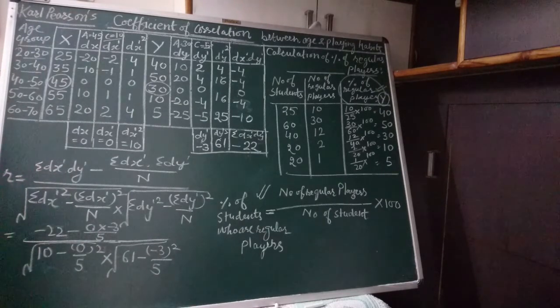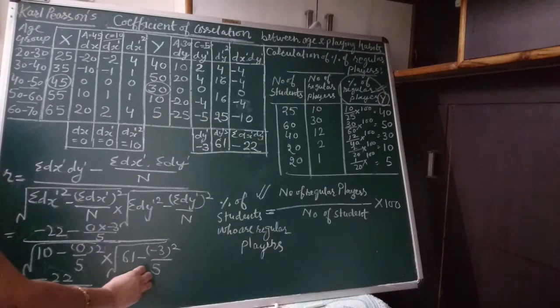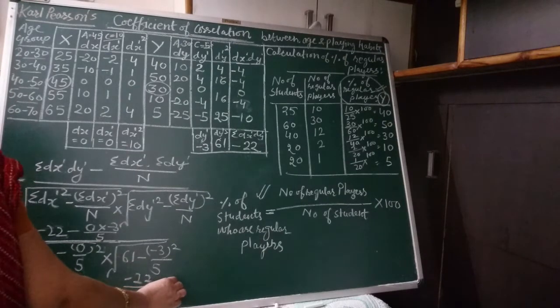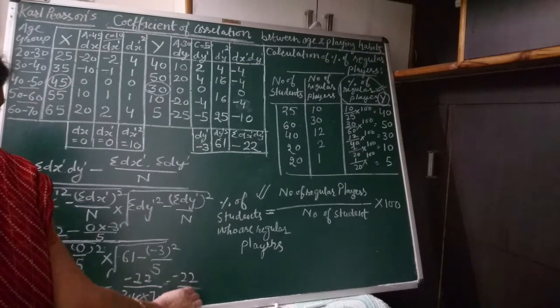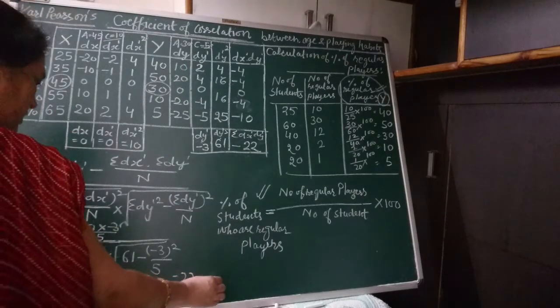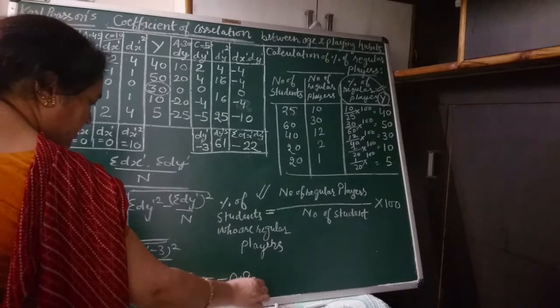This will be equivalent to minus 22 divided by the square root of 10 multiplied by 59.2 under root, which is equal to minus 22 divided by 3.16 multiplied by 7.69, which is equal to minus 22 divided by 24.3, and this will be equivalent to minus 0.90.